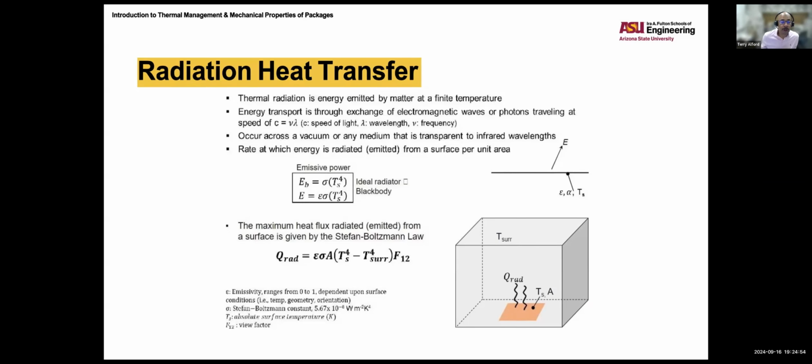Now, the rate at which the energy is emitted from the surface, or emissive power, another way of saying the power emitted for an ideal radiator, is sigma times T to the fourth of the solid. And sigma is the Stefan-Boltzmann constant. That's 5.7 times 10 to the minus 8 watts per meter squared Kelvin to the fourth power.